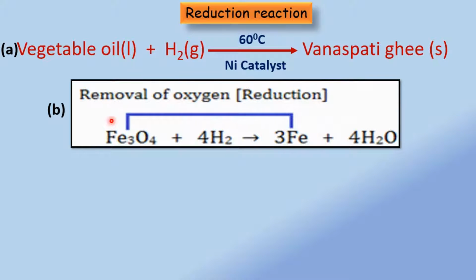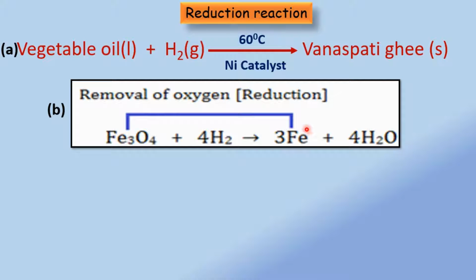Here, ferric oxide reacts with hydrogen to form Fe and water. Now, in reaction A, the reactant gains hydrogen to form the product. And in reaction B, the reactant ferric oxide loses oxygen to form Fe.